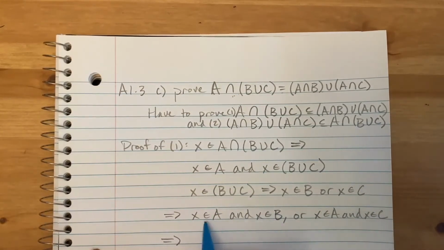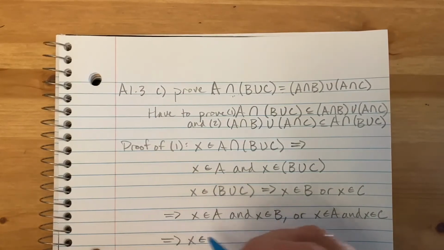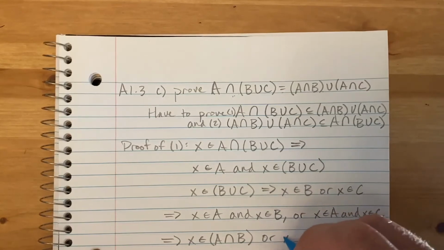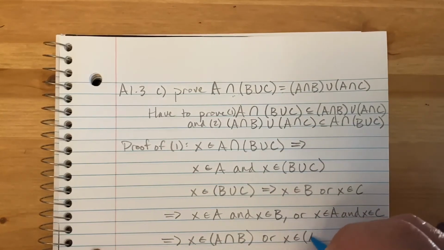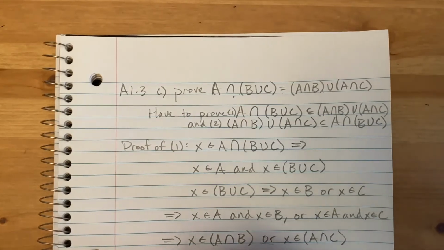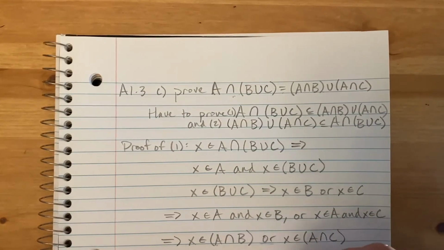Both of these are the intersection. So what this implies is that x is an element of the intersection of A and B, or x is an element of the intersection of A and C. And of course, this is just the union of these two things. So x is an element of (A intersect B) union (A intersect C).